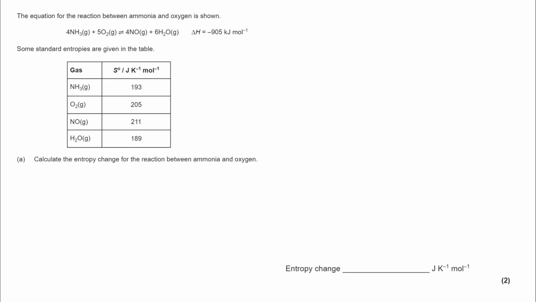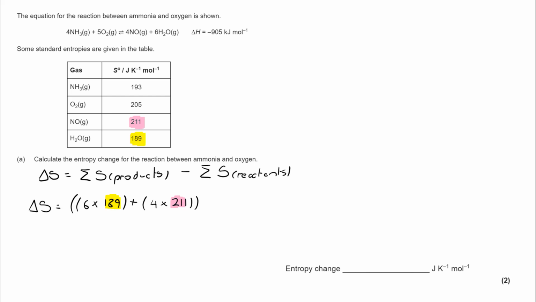Okay, so if we start going through the question, we're doing an entropy calculation to begin, so delta S. And the equation that you need to remember very, very clearly to be able to do these is that delta S is the sum of the entropy of the products, take away the sum of the entropy of the reactants.